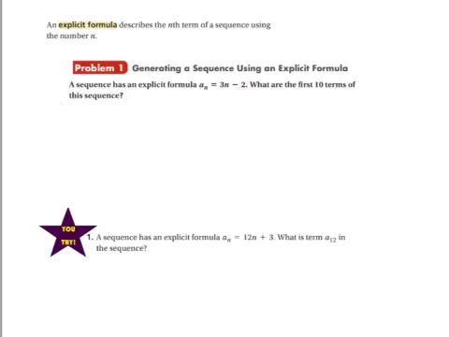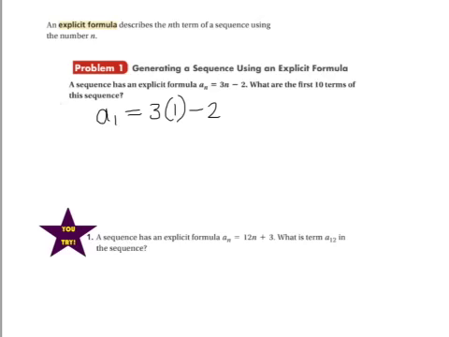So I could say, well, the first term, a sub 1, is equal to 3 times 1 minus 2. Where I'm substituting in the number 1 for each of my n's. So the n here is a 1 and the n here is a 1 because I'm finding the first term.